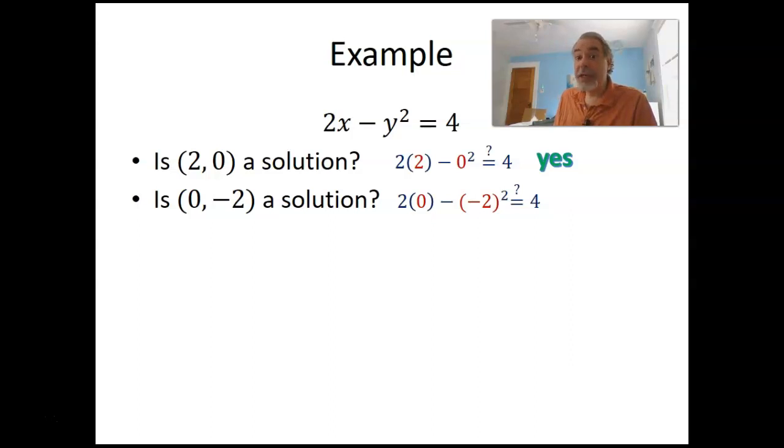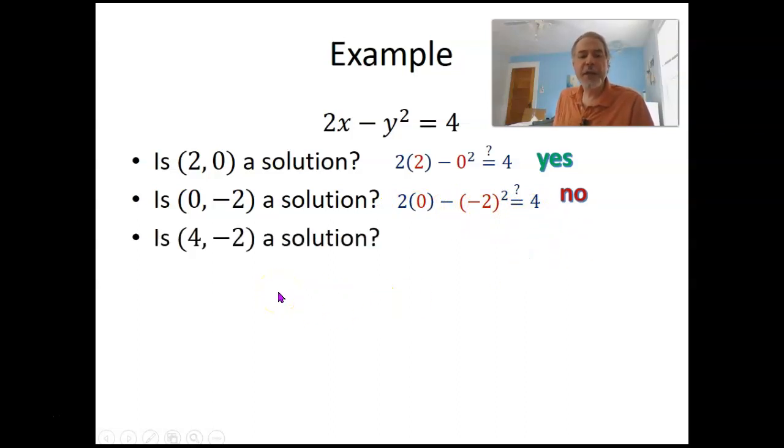And when you square a negative number, the result comes out positive. -2 times itself is positive 4. Meanwhile, over here, 2 times 0 would be 0, and 0 minus positive 4 would be equal to -4. So, no, that's not a solution because this equation is not true. We have -4 on one side, and that's not equal to the positive 4 on the other side.